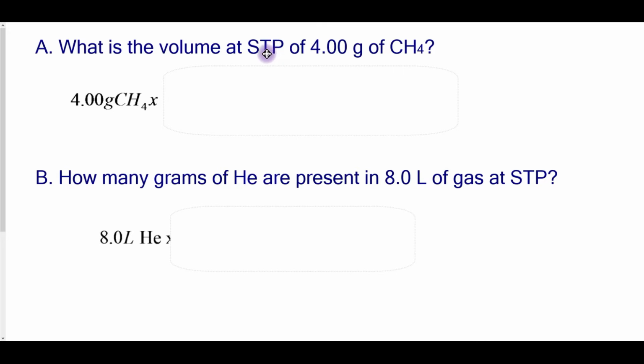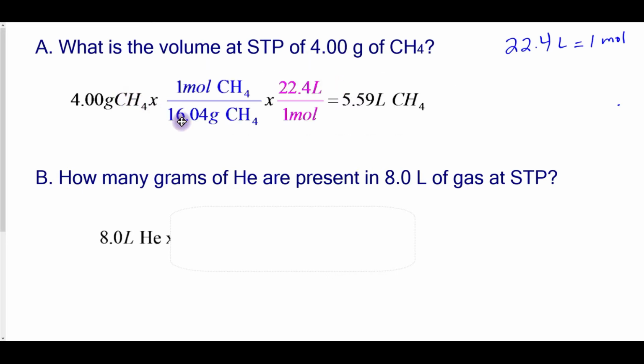What is the volume at STP of 4 grams of methane? We know that 22.4 liters is the volume for every 1 mole of gas. But we don't have moles, we have grams. So the first order of business is to go to the periodic table and use the molar mass. When we use the molar mass, we can change grams of methane to moles of methane.